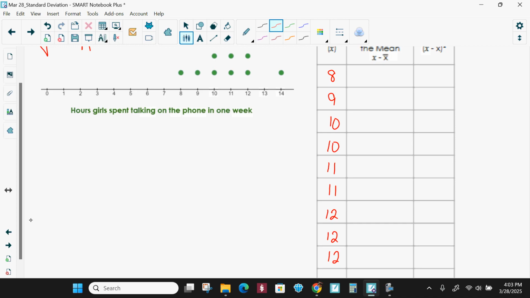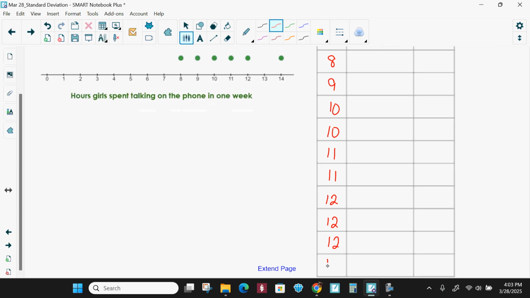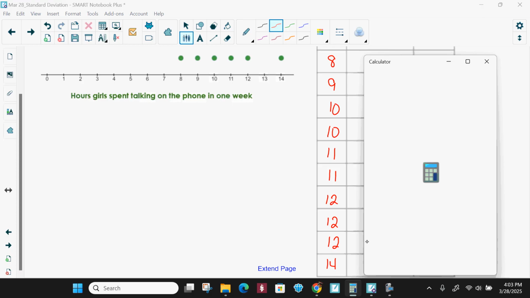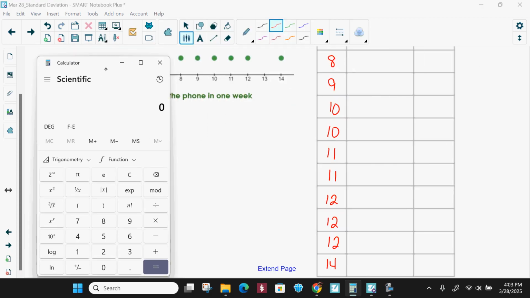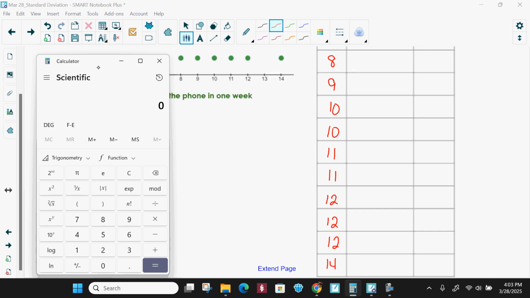and a 14. Okay. Now, if we go onto our calculator and we take the sum, 2 10s, 11 twice, 12 3 times, and a 14, we get 109.